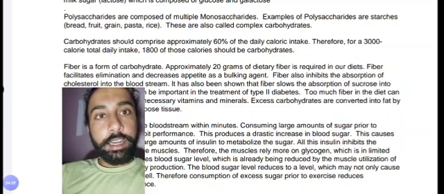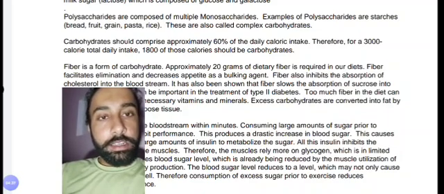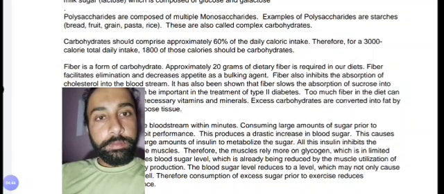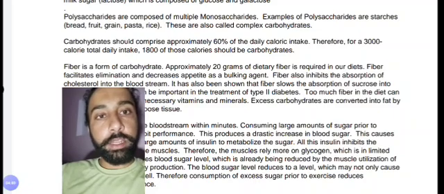Alright guys, carbohydrates are a very important part of our balanced diet. We cannot ignore them. We can't say that we only like to eat protein and do not want carbs. Every nutrient, whether it's macro or micro, has its own role, and it's important for the overall working and development of your body, guys.